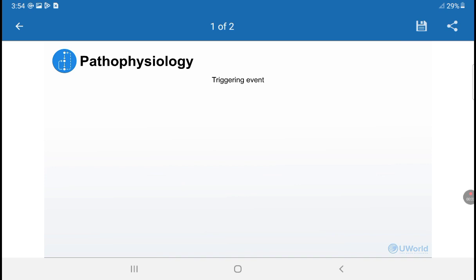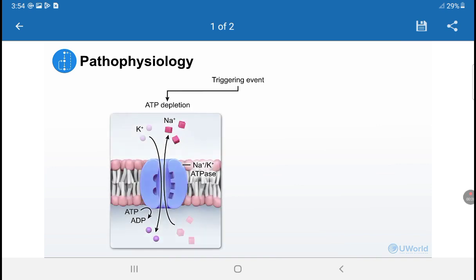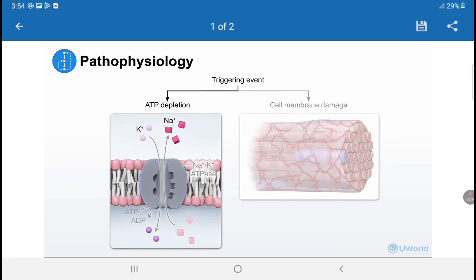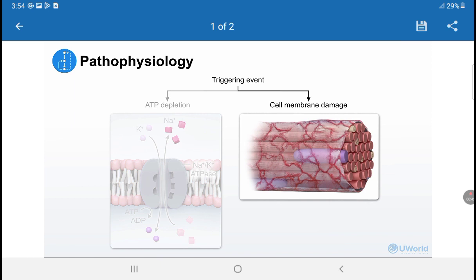Most of these initiating factors lead to muscle cell injury through two primary mechanisms: depletion of ATP and/or direct damage to the plasma membrane. ATP depletion impairs the function of ion pumps that maintain appropriate electrolyte levels within the myocyte. Plasma membrane damage also disrupts electrolyte homeostasis by allowing uncontrolled passage of ions between the intracellular and extracellular spaces.